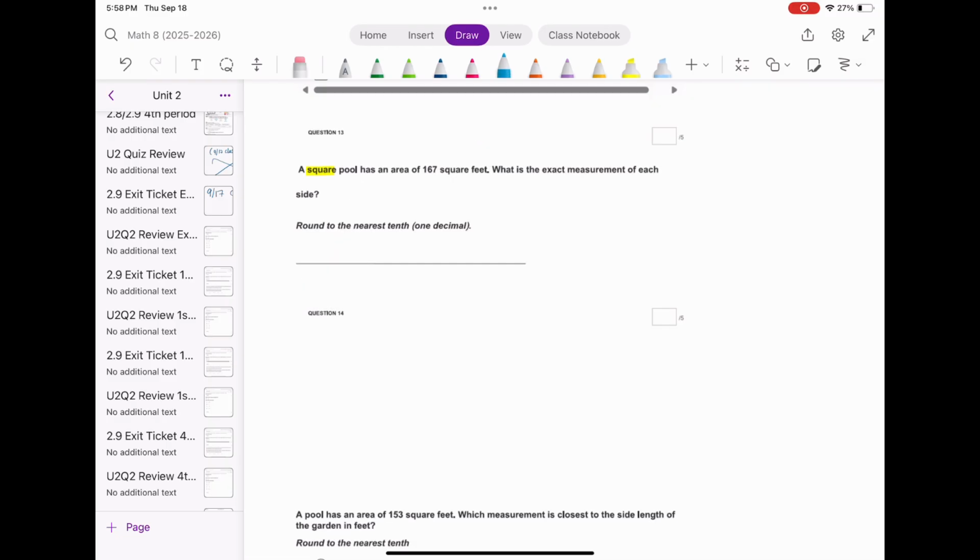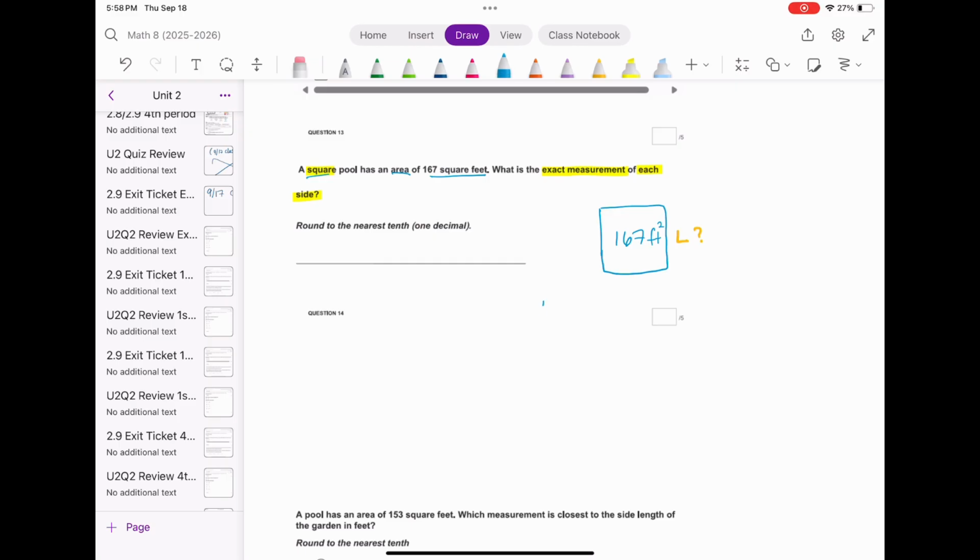All right, number 13. So let me explain the formula. A square pool has an area of 167 square feet. What is the exact measurement of each side? So the side, we can call it length.